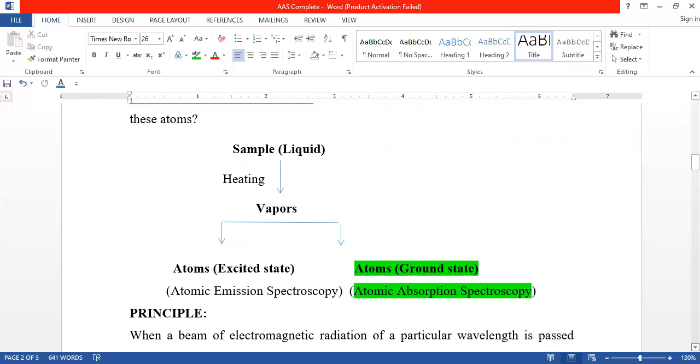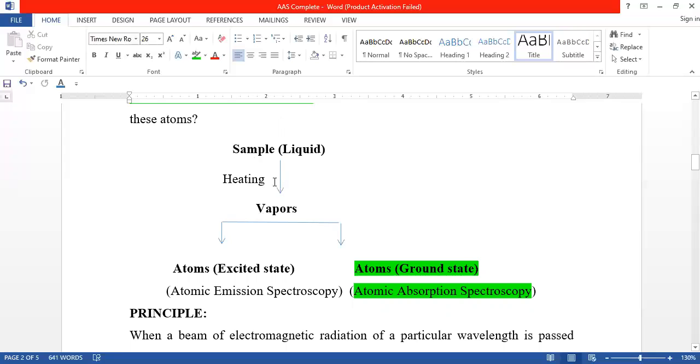First of all, we take the sample, and it is dissolved in liquid, so the sample is in the form of liquid. Then heating will be done in the atomizer, and vapors are formed.